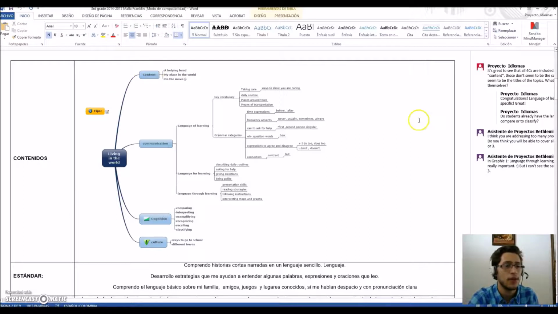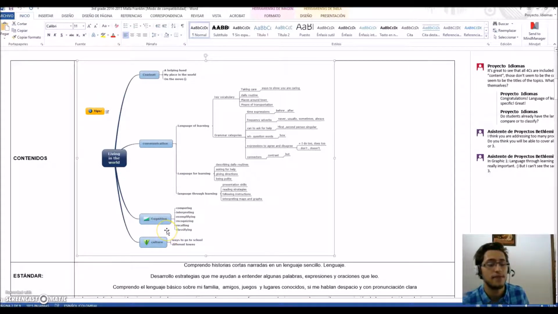As we can see, we have the map, and the map has content, communication, cognition, and culture. Again, what I want to emphasize here is that the map with the 4Cs is in the plan, in the syllabus. I'm going to give you a hand on how to identify the 4Cs in the material, but that's going to be later on in the video, okay?